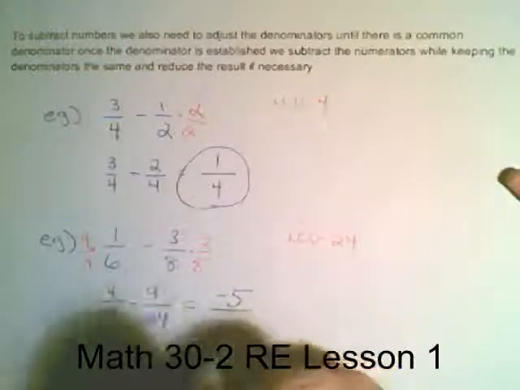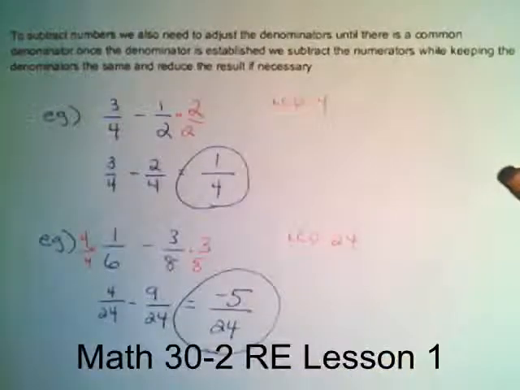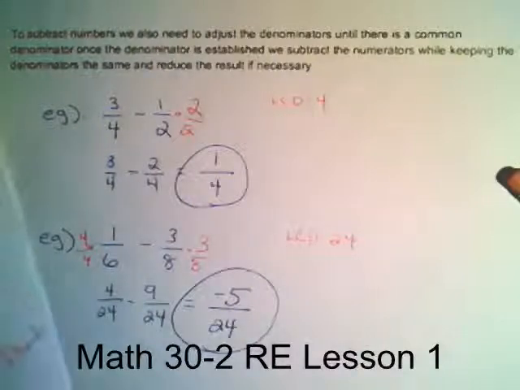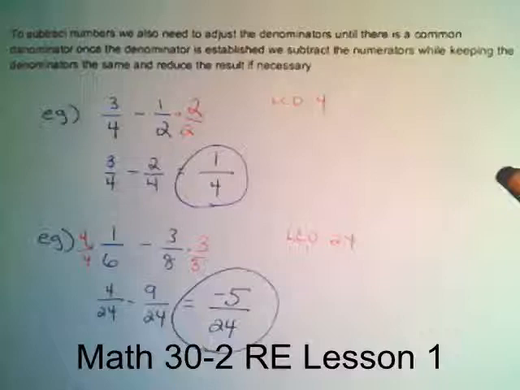So I'm going to multiply top and bottom here by 4, top and bottom here by 3. 4 times 1 is 4, 24ths minus 9/24ths. Now I do the subtraction of the numerators, keep the denominator the same. 4 minus 9 is negative 5, 24ths. Can you have negative fractions? Sure you can.